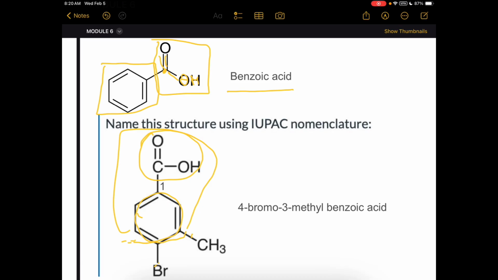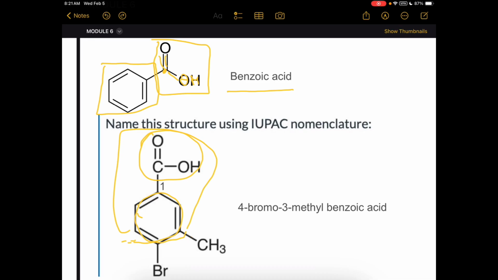Now I have to put where my substituents are located. So here, how do I know how to number? I want to bring the carbon that has the acid group the lowest number. So you can number the benzene ring.